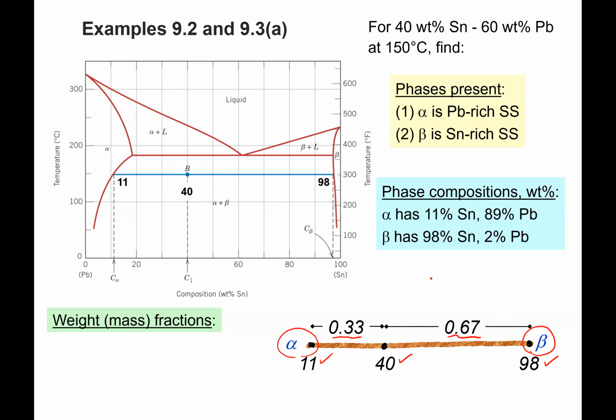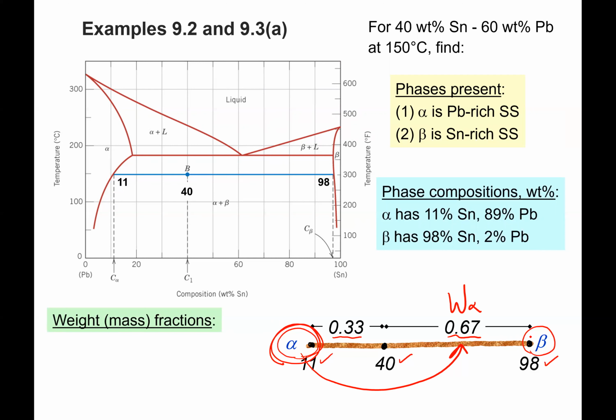But what I have to remember is which one's which, right? And remember, this is where the inverse lever rule reminds me that if the alpha is on the left side, then this number over here on the right side is my weight fraction of alpha.